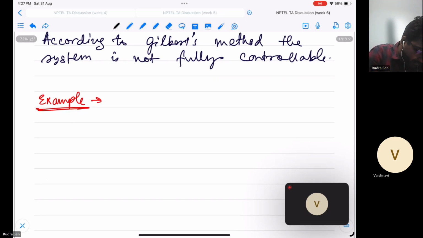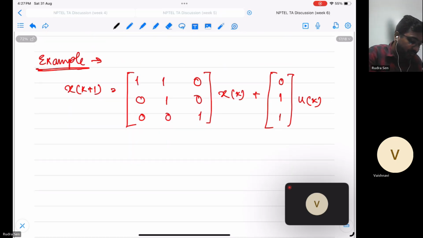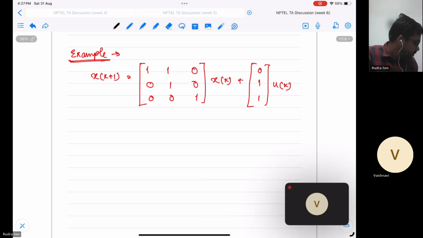Let's say x(k+1) equals 1 1 0, 0 1 0 and 0 0 1, times x(k), plus 0 0 1 times u(k).